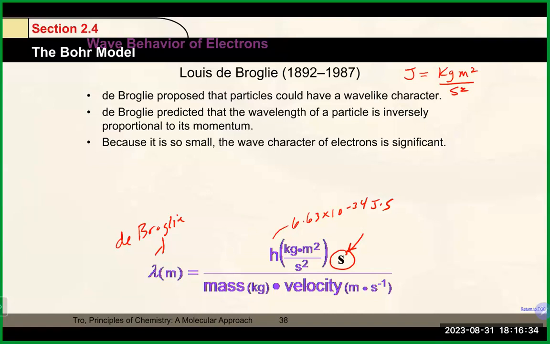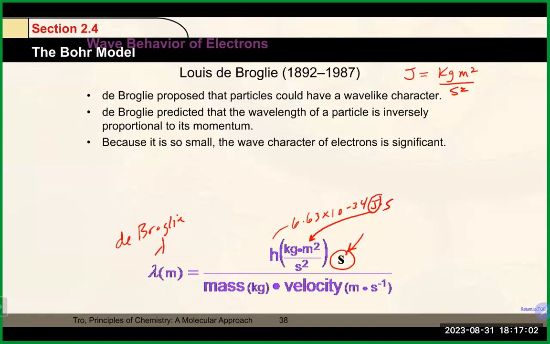The nice thing is it's still Planck's constant. Even though you can change the units to kilograms meter squared per second squared, the number doesn't change. It's still 6.63 times 10 to the minus 34. What it does affect is two parts of this calculation.